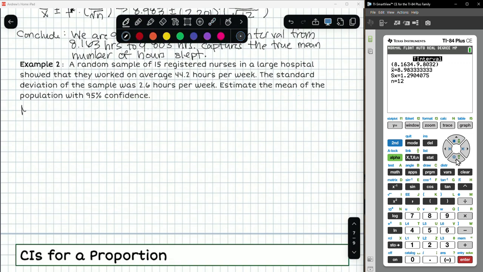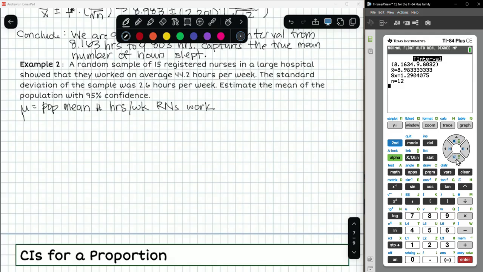So I'm going to start with the state. Mu equals the population mean. And what am I estimating? Registered nurses showed they worked an average of 44. So this is the population mean number of hours per week that nurses work. Specifically registered nurses, so RNs. They give us some data.